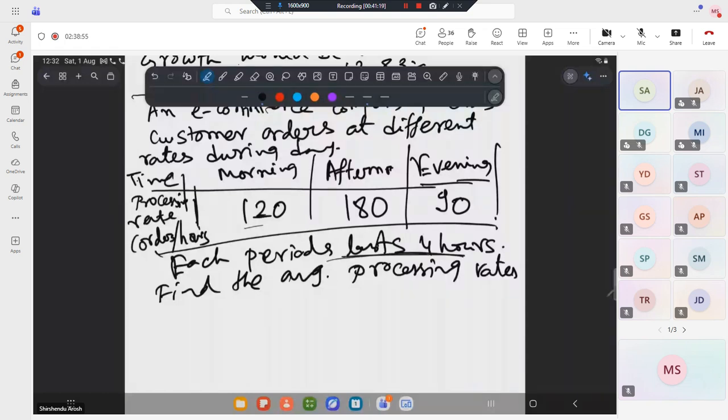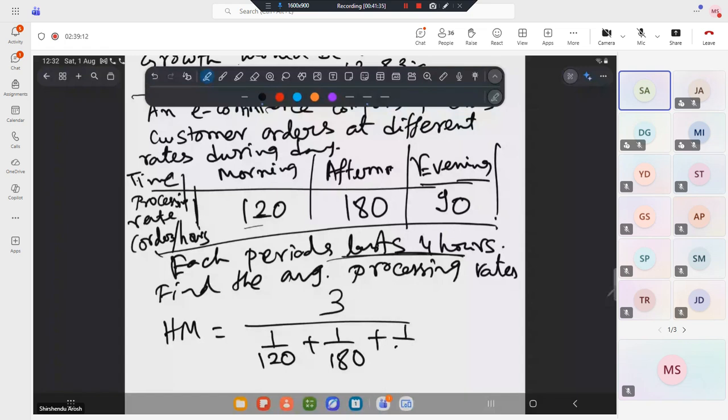So HM would be the number of observations divided by the sum of reciprocals of the variables. Straightforward. You can use the formula and find out 120 orders per hour. This is the average for that.